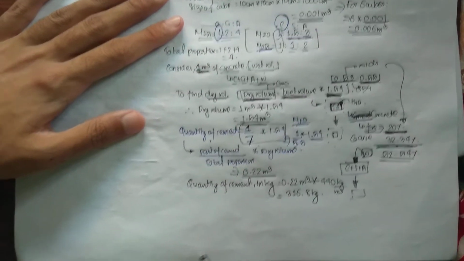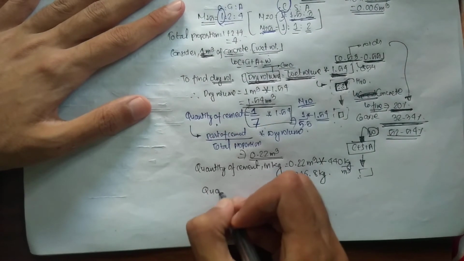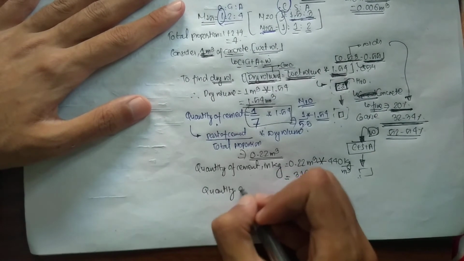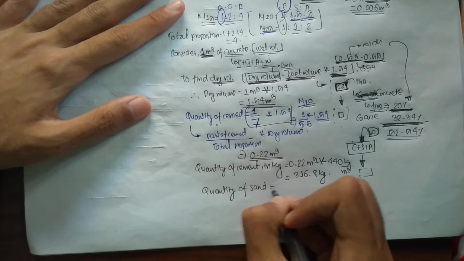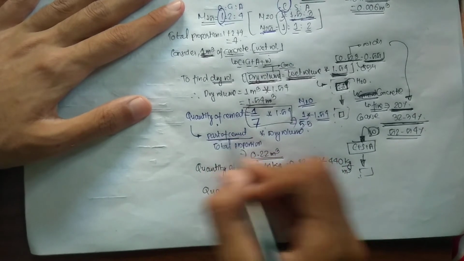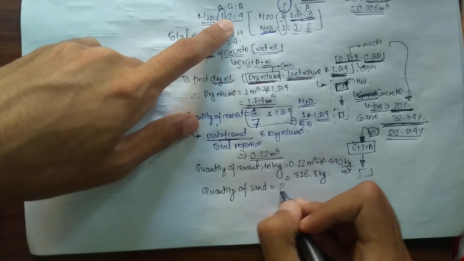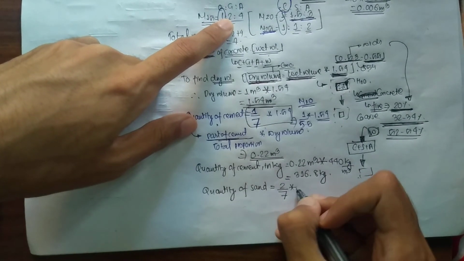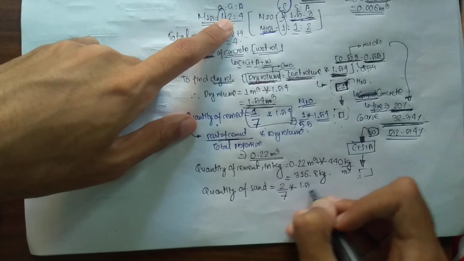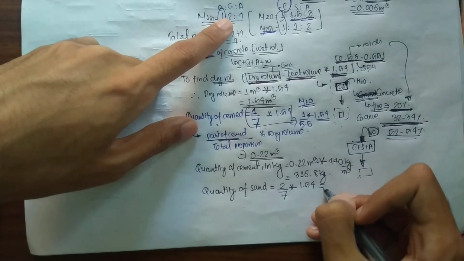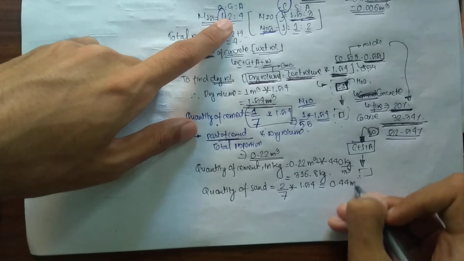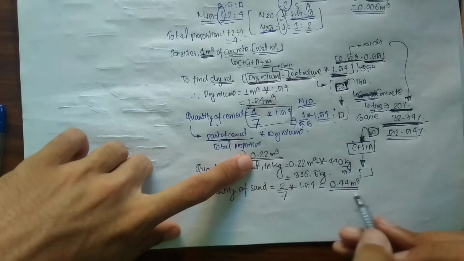Similarly we'll calculate the quantity of sand, using the same dry volume. Part of sand is 2 divided by total proportion 7, multiplied by dry volume 1.54, which gives 0.44 meter cube.